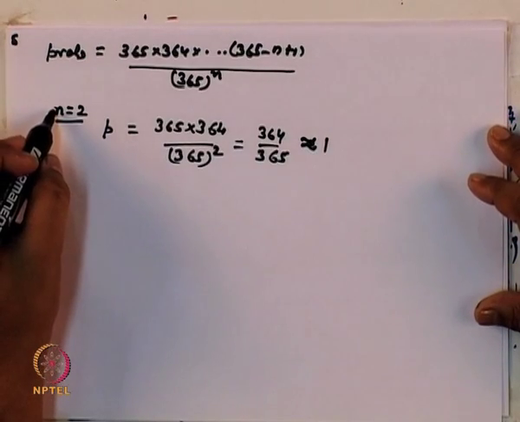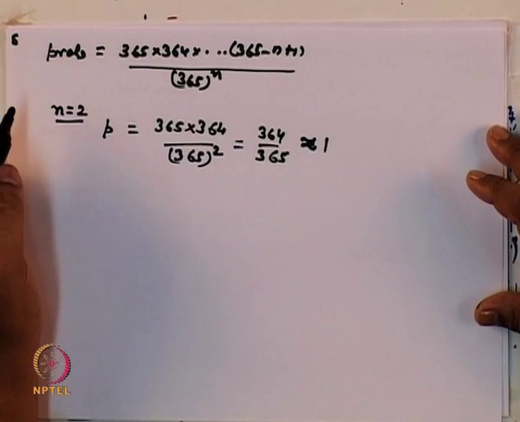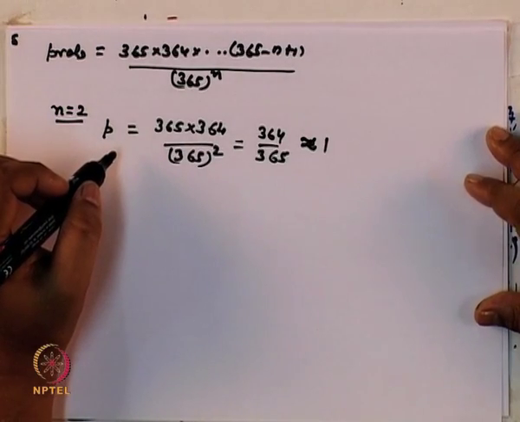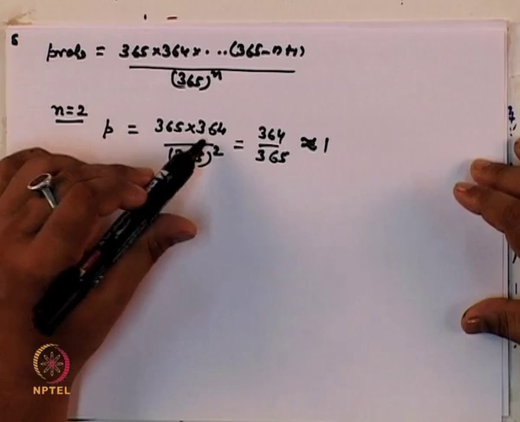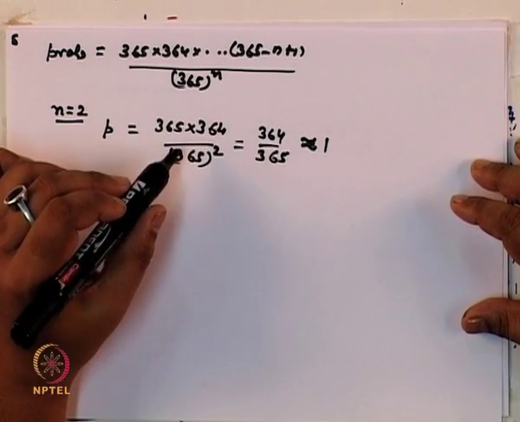Because if there are only 2 people involved, the probability is very high, because for each day except one day, the second person can be born on any of the remaining days.